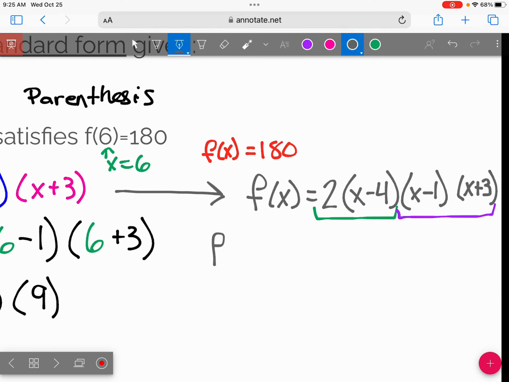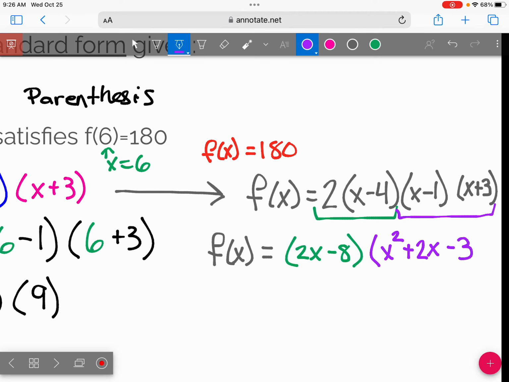So I'm going to have that my f of x equals 2x minus 8 and x squared minus 1x plus 3x gives me plus 2x minus 3.